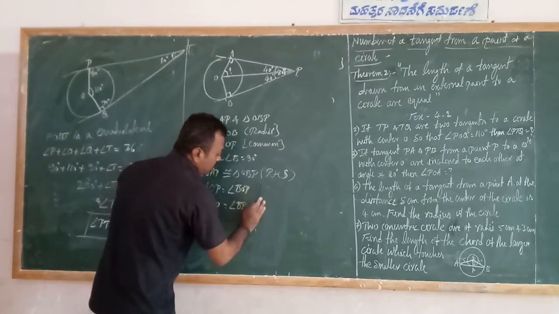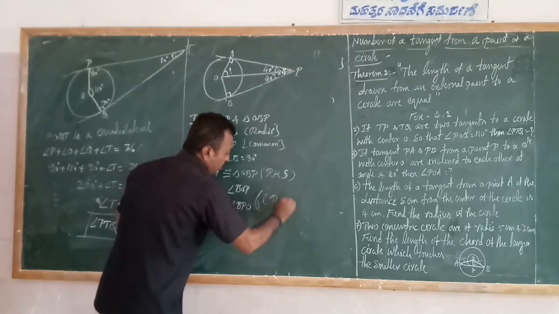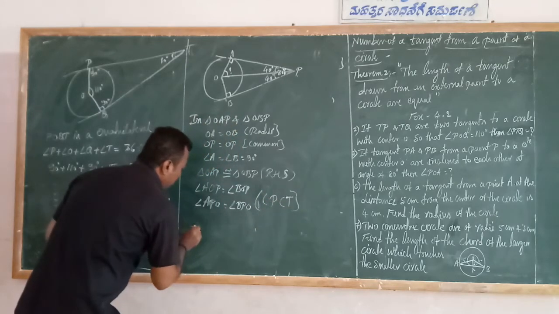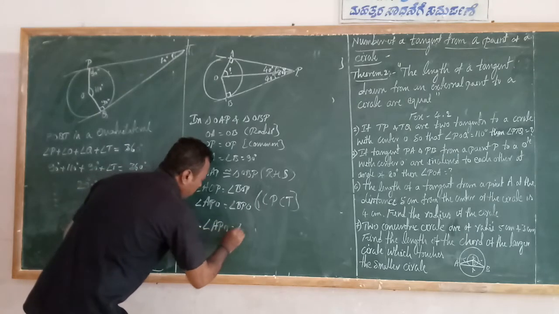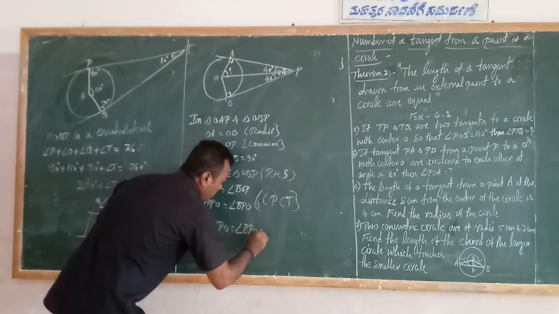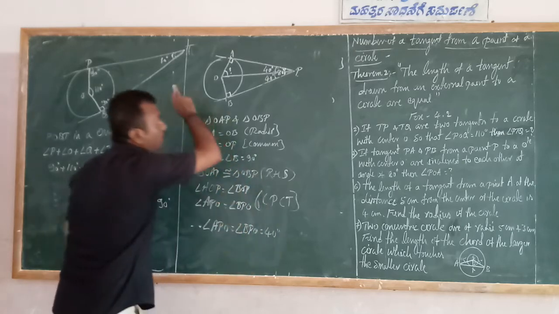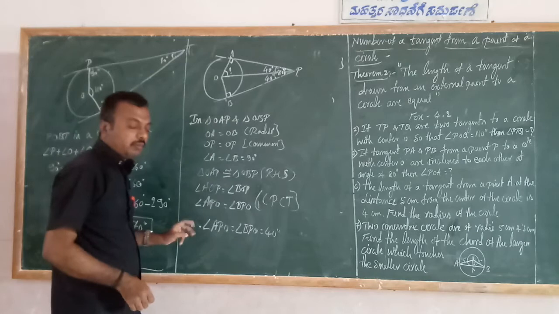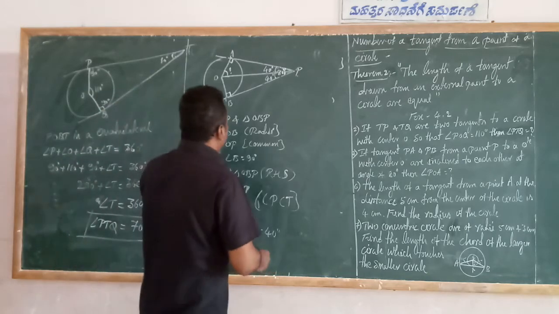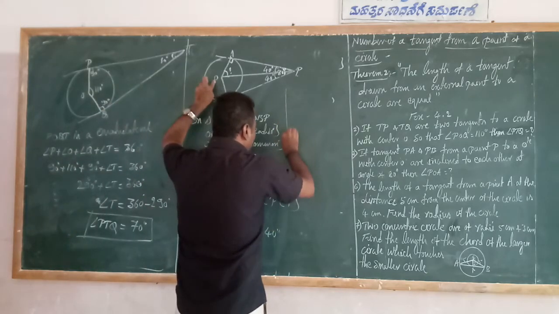Therefore, angle APO is equal to angle BPO, which is 40 degrees. So angle APB is 80 degrees, angle APO is 40 degrees, and angle BPO is also 40 degrees. Now we have to use the angle sum property of a triangle.